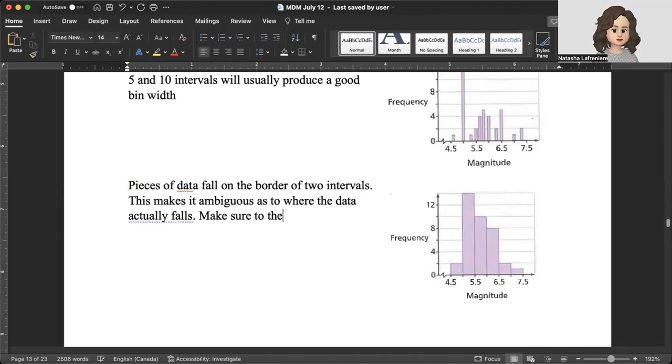Make sure to take the necessary steps when creating your intervals to make sure that this doesn't happen.